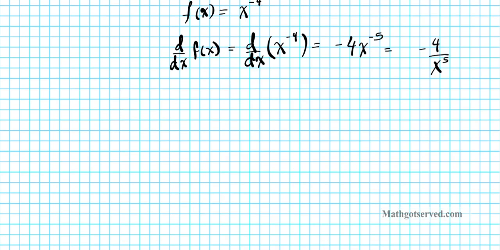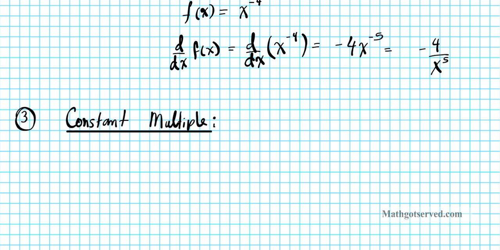Now let's shift our attention to another rule. It's pretty easy. This one is known as the constant multiple rule. Okay, all right, so what does the constant multiple rule tell us?